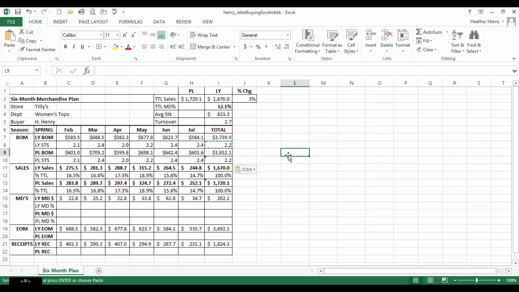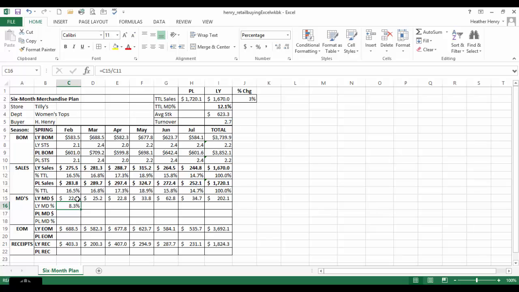Okay, so moving on. Now that we have our inventory planned and our sales planned, we now need to plan our markdowns as well. So for our markdowns, we simply look at the percent rate. So we take our markdown dollars into our sales, and we will get a markdown rate for February of 8.3%.